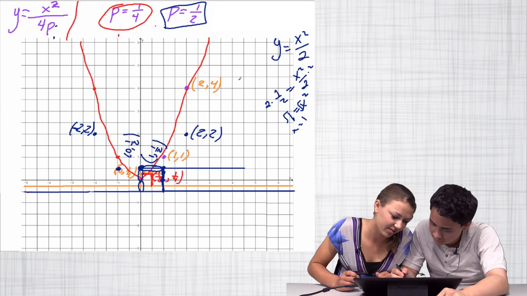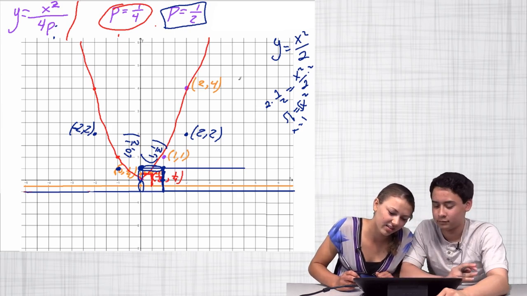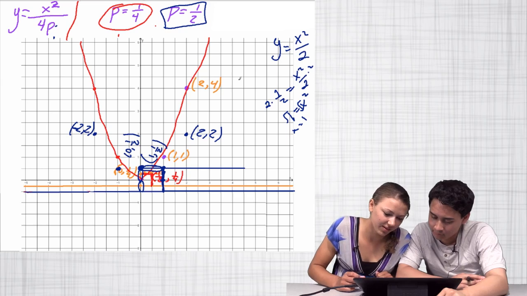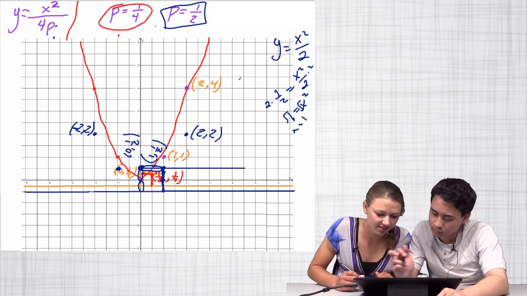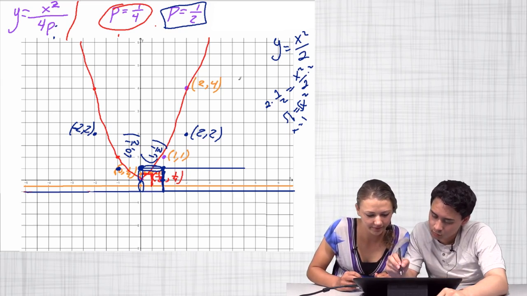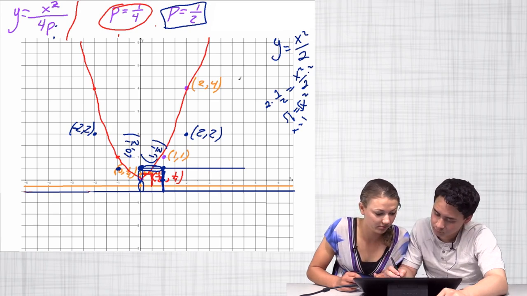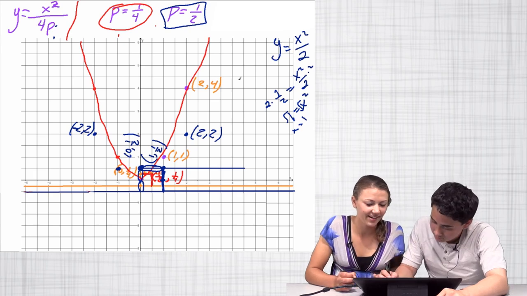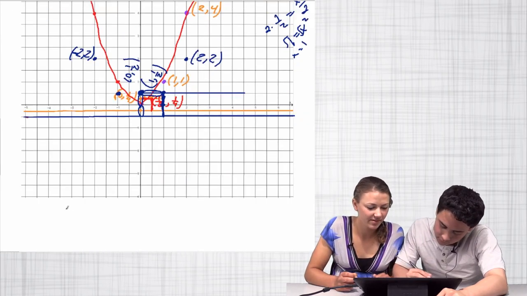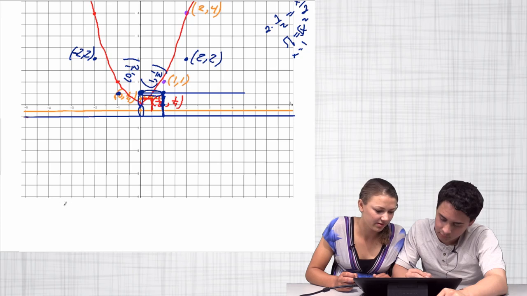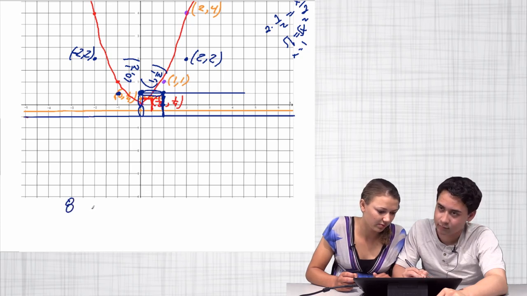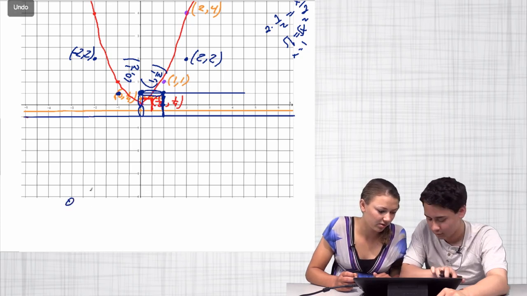Do you think I could find it precisely? Yeah, if we plug it in. When y is 4, so 4 equals x squared over 2. Why don't you scroll down, Keoni, and write what you're plugging into and what the calculation is.